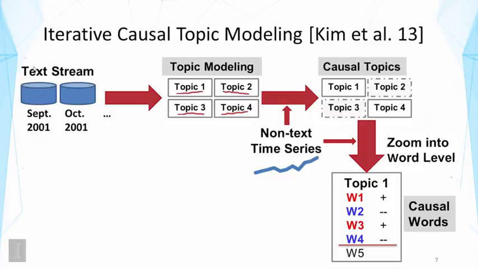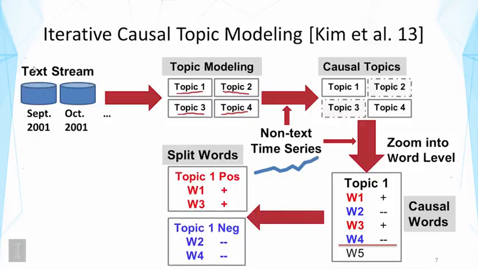So as a topic, it's not good to mix these words with different correlations. So we can then further separate these words. We are going to get all the red words that indicate positive correlations, W1 and W3, and we're going to also get another subtopic, if you want, that represents the negatively correlated words, W2 and W4.